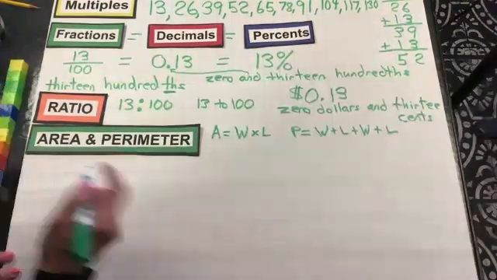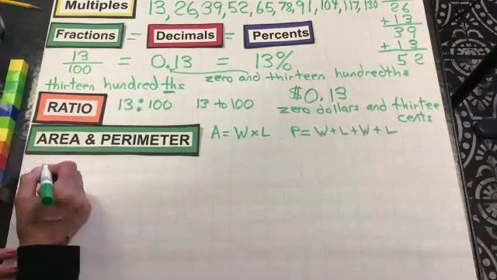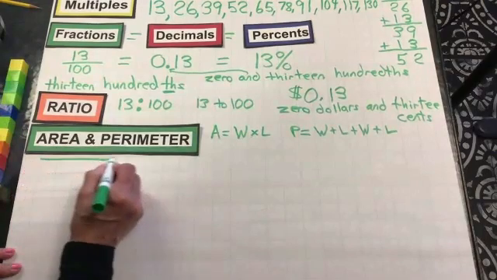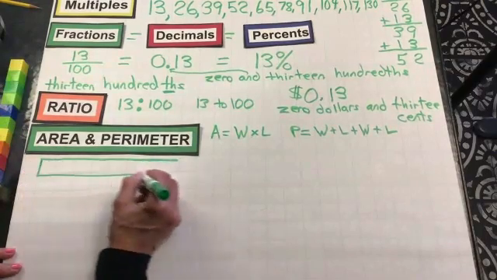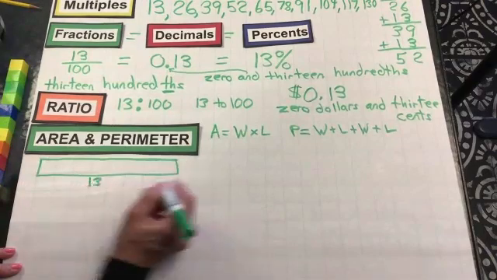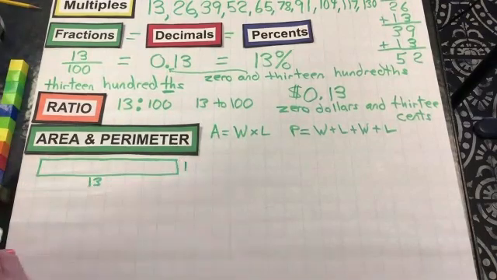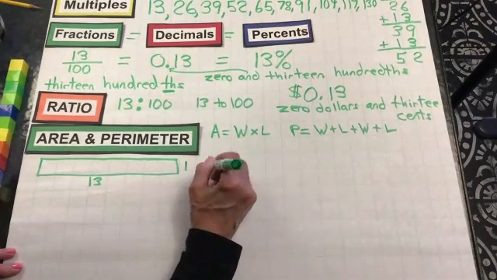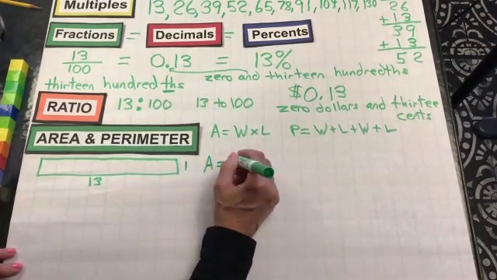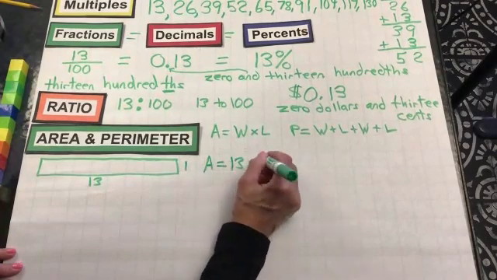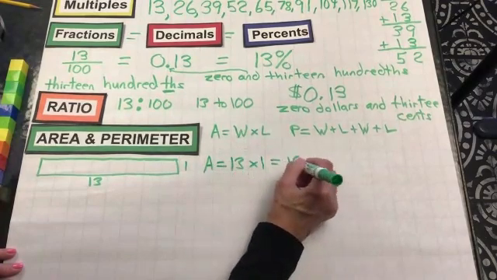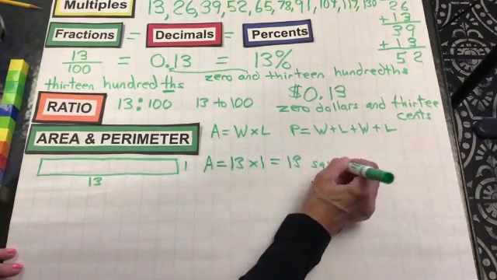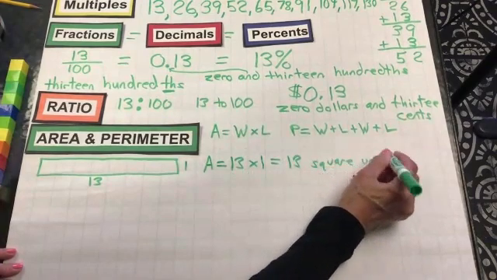And so when we're talking about a rectangle that is 13 across and 1 deep or long, we would say area of this would equal 13 times 1, which equals 13 square units.